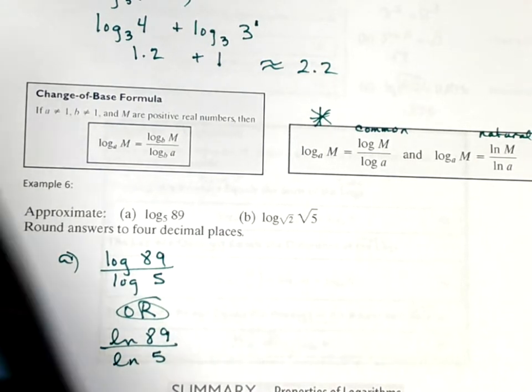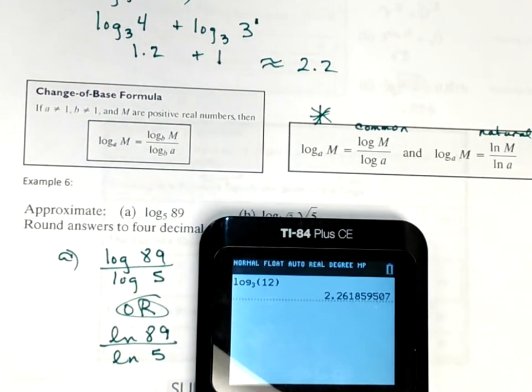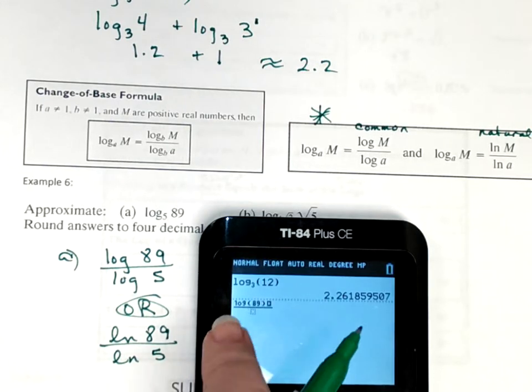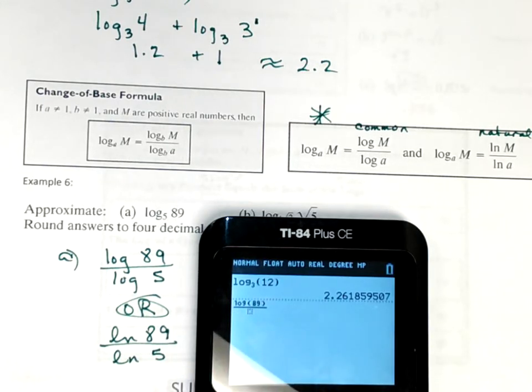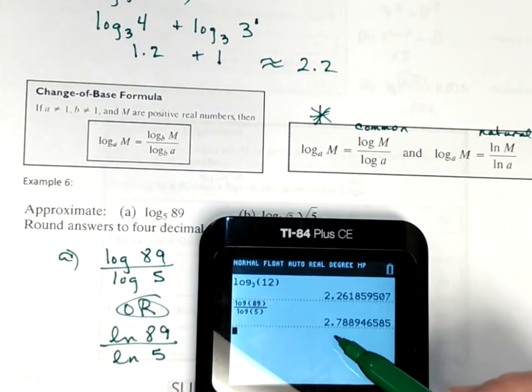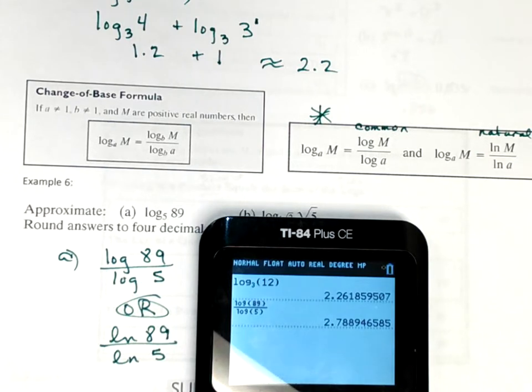Let me show you on the calculator. I'm going to make my fraction, and I'm going to type in common log of 89, notice no base change, common log of 89 divided by common log of 5, and we get 2.788. Now I'm going to make a fraction, and I'm going to type in natural log of 89 divided by the natural log of 5.